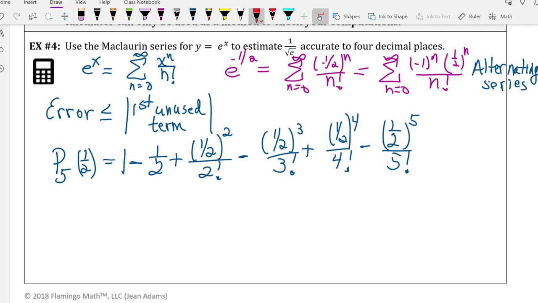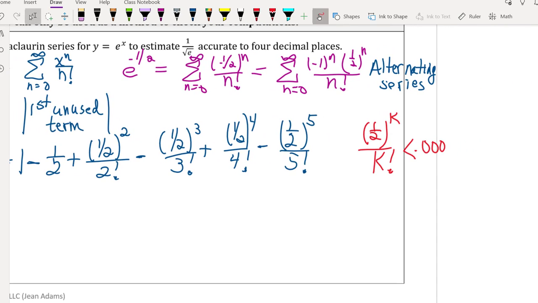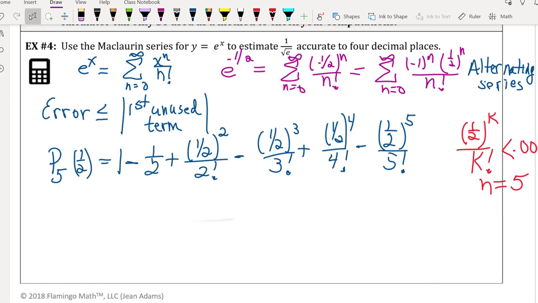We want 1/2 to some power k, I'll call it, over k factorial to be less than 0.0001, 4 decimal places like that. So that's why I used n equals 5. Now I could be off, so I'm checking that.